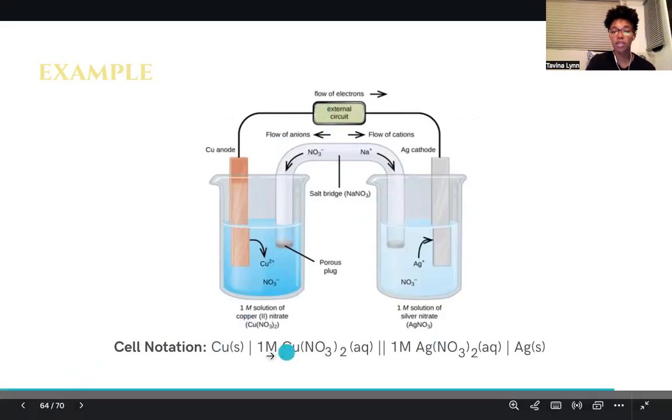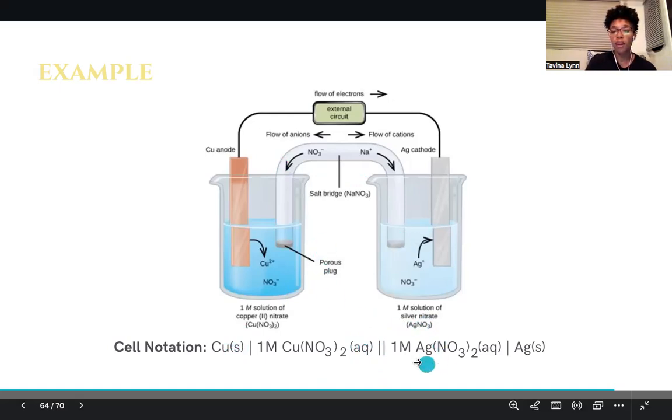So here's our cell notation. We start with copper solid. We have a single vertical line going from copper solid to copper in aqueous solution, which is 1 molar copper nitrate. Then we denote the salt bridge with these two vertical lines. And the electrons flow.